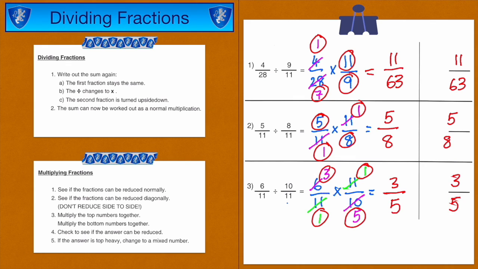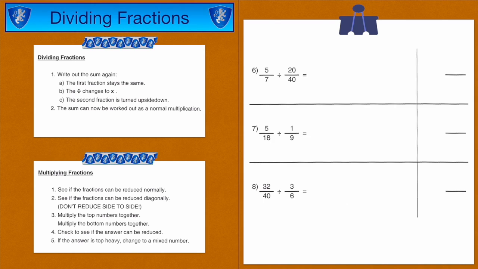Right, now we're just going to look at what happens if your answer is an improper or top heavy fraction. So we're doing it the same as before. First of all, write out your sum. So we've got 5 over 7 stays the same, divide changes to times, second fraction goes upside down, so it's 40 over 20. Right, I can't reduce that. 40 and 20 can be divided by 20.